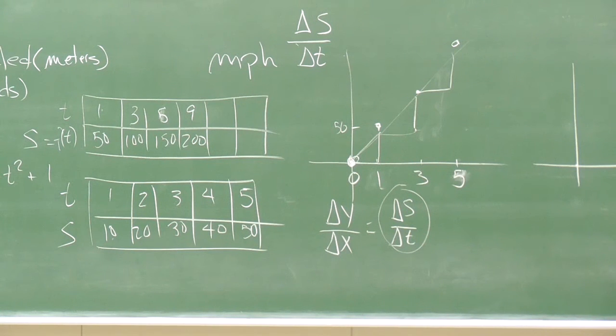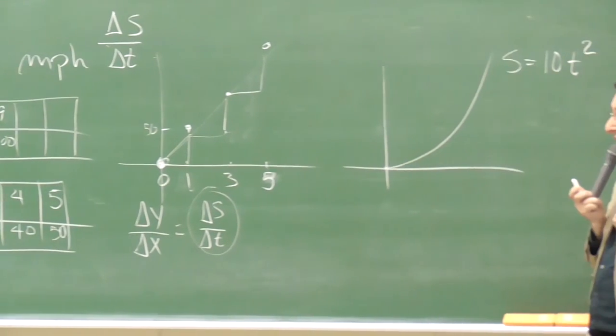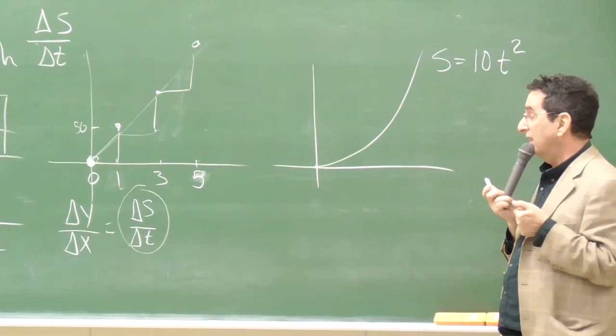But it does turn out to be close to that, which means it's a parabola if you graph it. Okay? So it's some kind of parabola like that. That's the real ball, that's the way it looks.